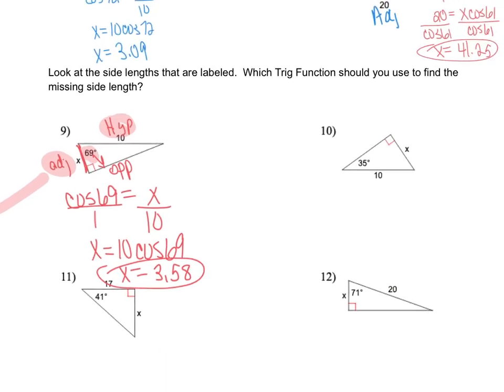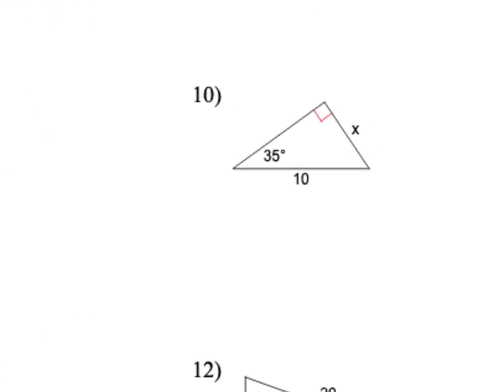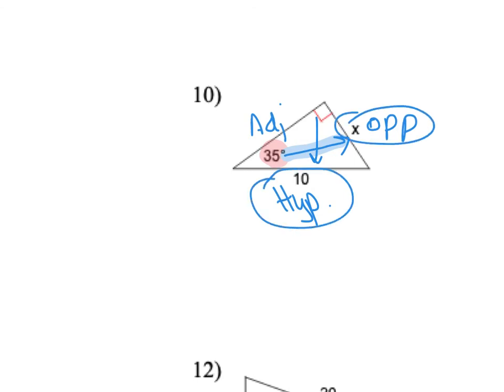All right, so let's come on over here. My angle is 35 degrees. Across from it is the opposite. This one is across from the right angle, so that's the hypotenuse. And this side over here, which is adjacent, doesn't have any information. What we do know is the hypotenuse and opposite.